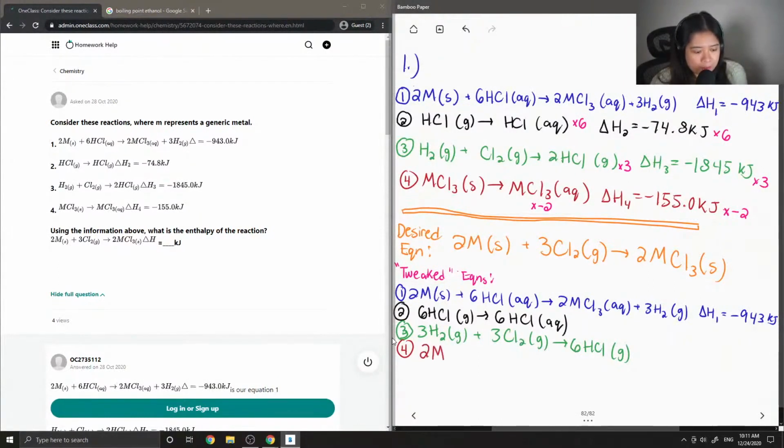So now it becomes 2MCl3 aqueous makes 2MCl3 solid.